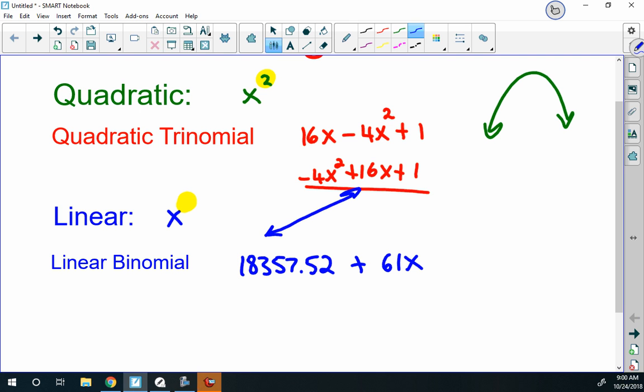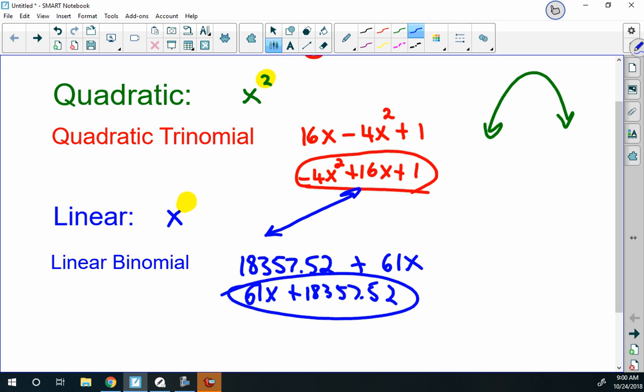That has 2 terms. Terms are separated by addition or subtraction. The biggest exponent that shows up is a 1. It's probably not written in the way we like it written. If we wrote that in the right form, we'd probably write 61x first plus 357.52. Right? That's in a form that we like.